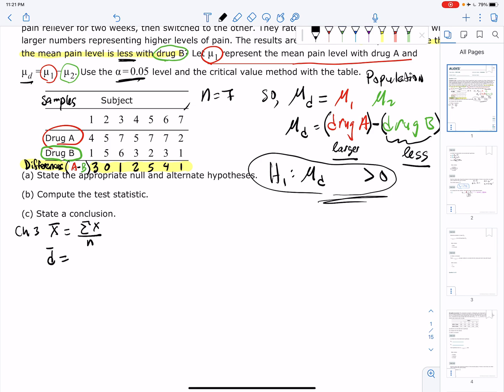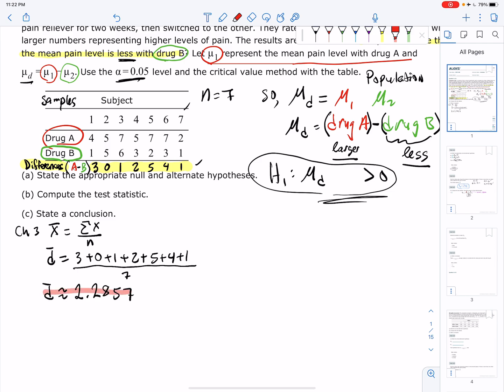So all we have to do is add up all these differences: 3 plus 0 plus 1 plus 2 plus 5 plus 4 plus 1. Did I do them all? 3, 0, 1, 2, 5, 4, 1. And then divide by how many pieces of data, my n, which is 7. When I do this, I get d bar is approximately equal to 2.2857. And that was that red value I was just talking about.